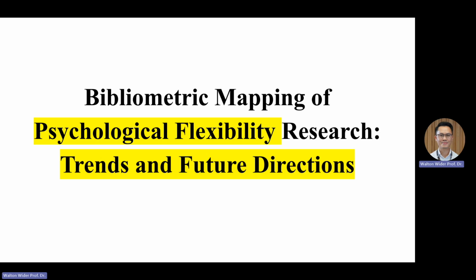So this bibliometric research actually performs an analysis of the publications on the subject of psychological flexibility, which uses bibliometric techniques. So the aim is to offer a comprehensive snapshot of the past trends and also the emerging trends.